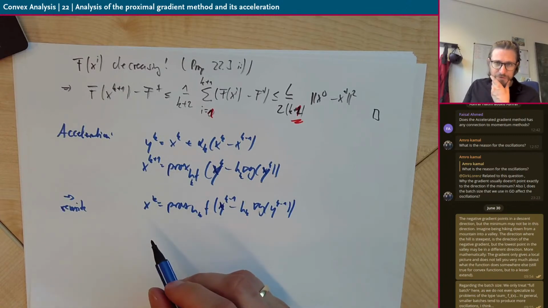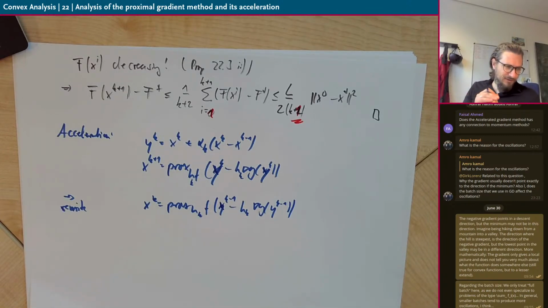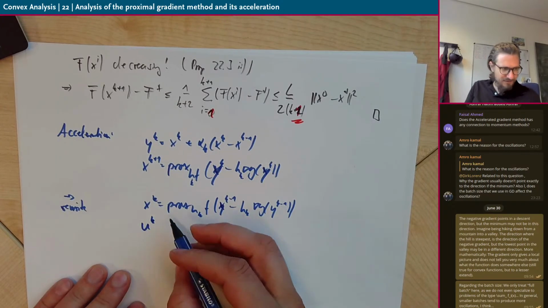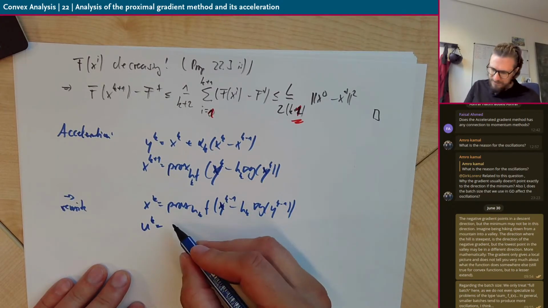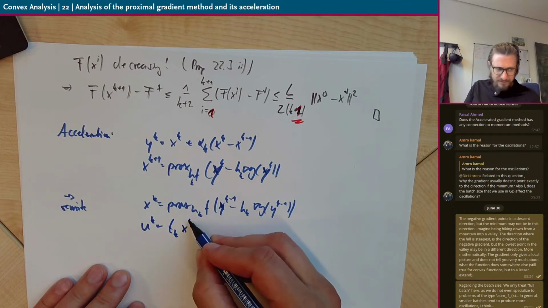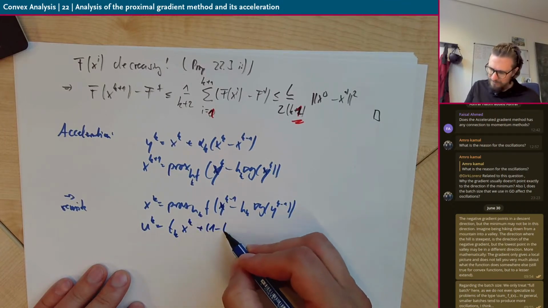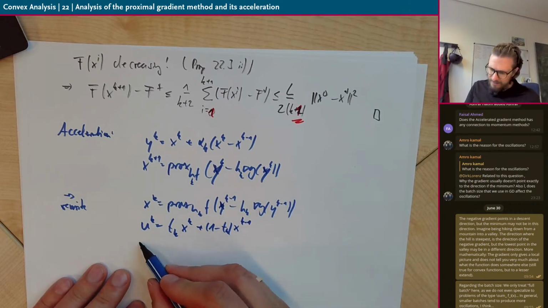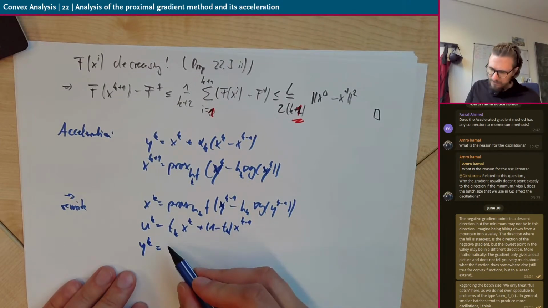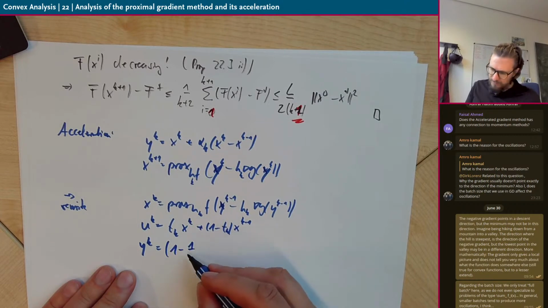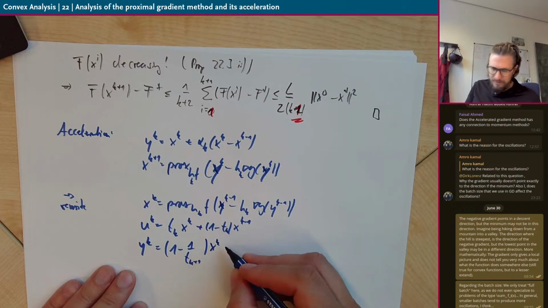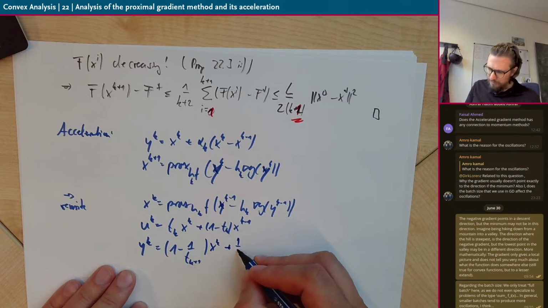And then let's write it down a little bit differently once again, with the variable uk, which we've actually seen before. Now this should be tk xk plus 1 minus tk xk minus 1. And then the next uk will be 1 minus 1 over tk plus 1 times xk plus 1 over tk plus 1 times uk.